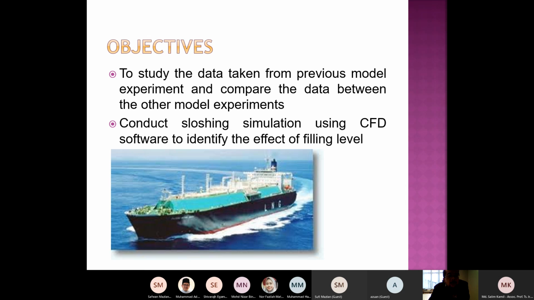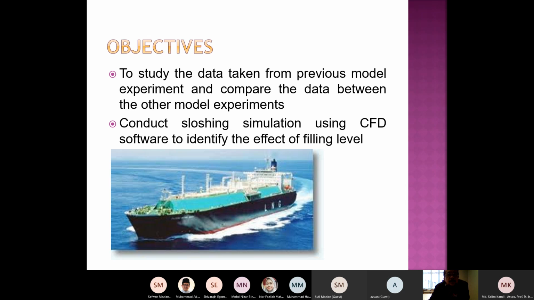This one is an example of the membrane type. With the membrane type, you can see the structure on top is straight, right? Not like the moss type, which is rounded. So the objective of this paper: study data taken from previous model experiments, compare the data between other model experiments, and conduct sloshing simulation using CFD, or computational fluid dynamics, software to identify the effect of filling level.